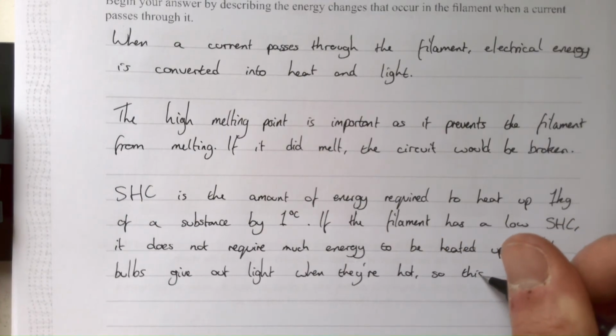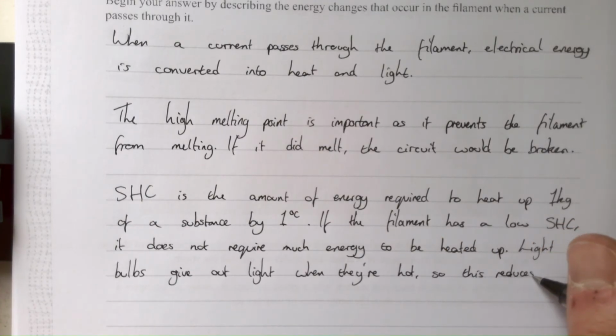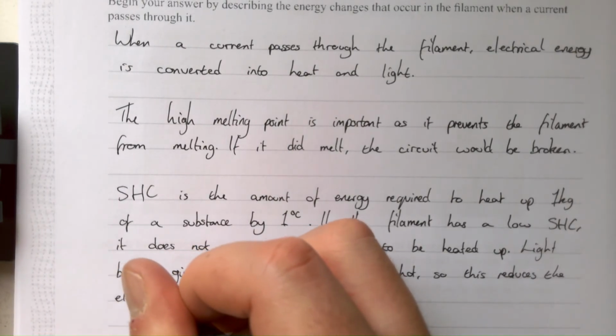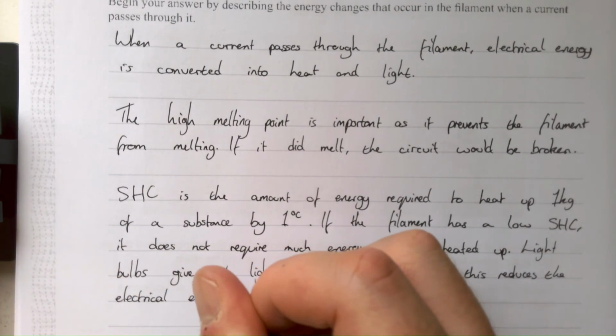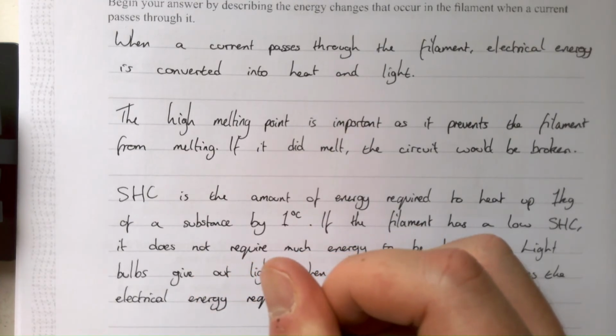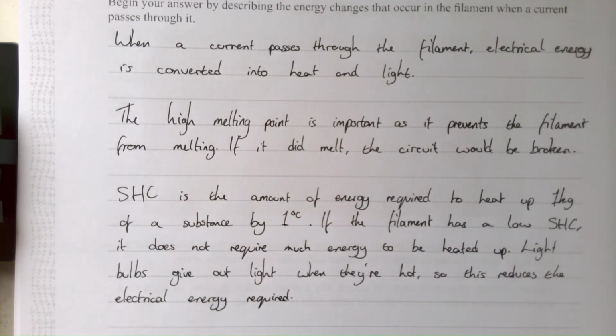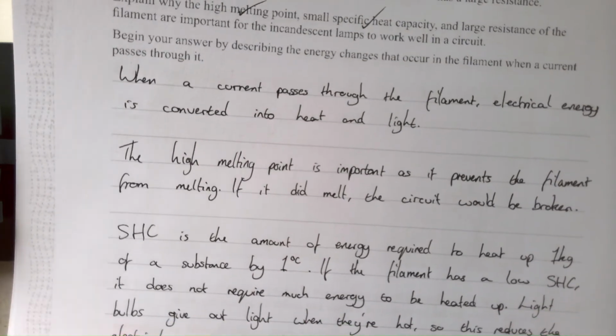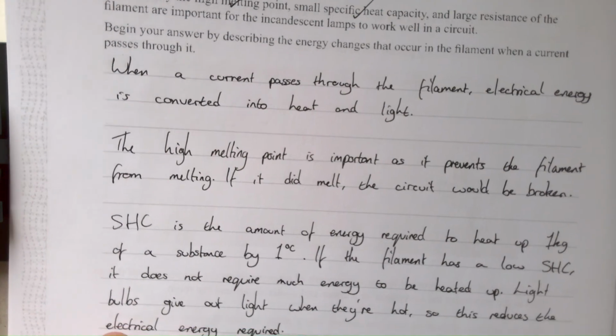So this reduces the electrical energy required. Okay, so again we're linking it to the actual use, not just describing what it means physically. We've discussed our small specific heat capacity. Nice. Now, the large resistance of the bulb.